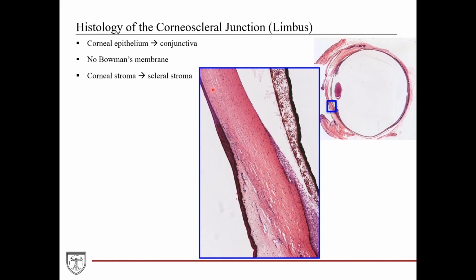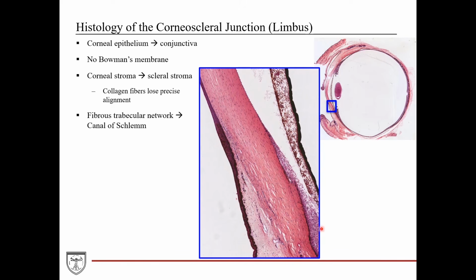The corneal stroma, the thickest region, becomes the stroma of the sclera, and as mentioned earlier, we can actually see how the arrangements of the collagen fibers are actually quite regular here, but comparatively in the sclera, the collagen fibers are seemingly irregularly arranged. So those precise alignment of collagen fibers are lost in the sclera, which contributes to the opaque nature of the sclera.